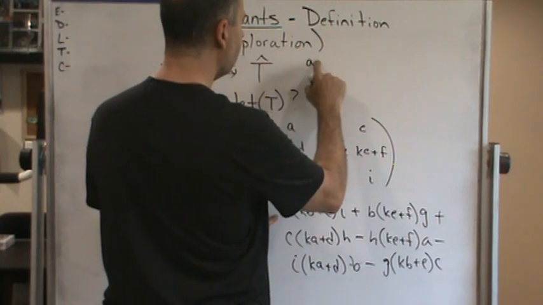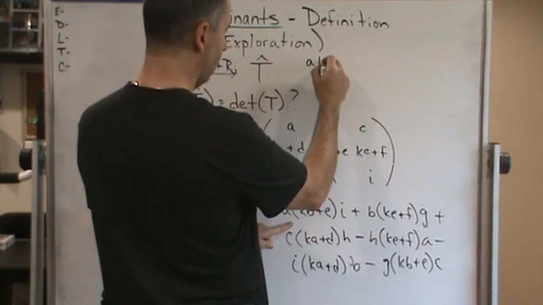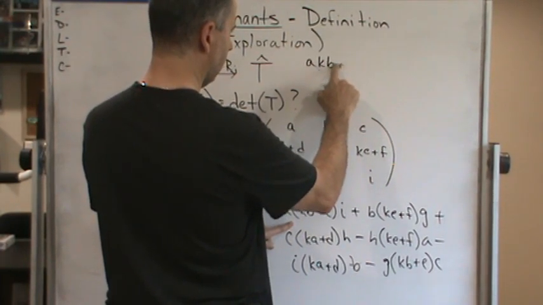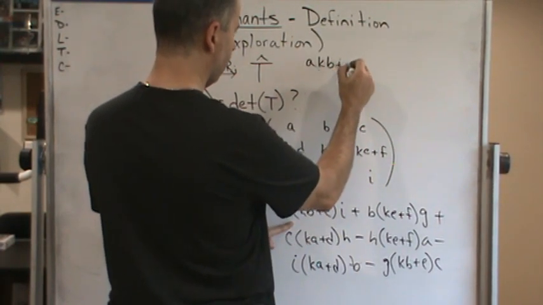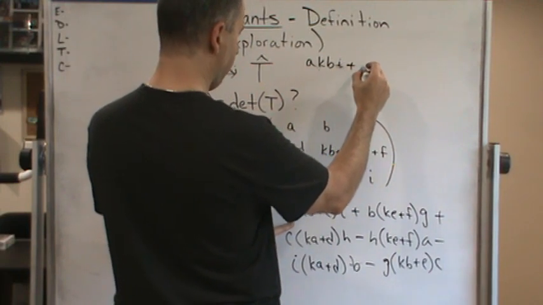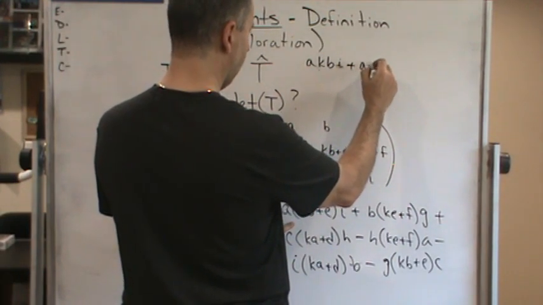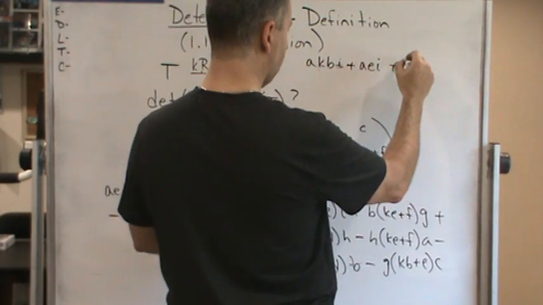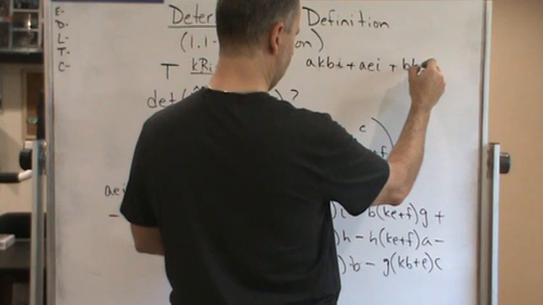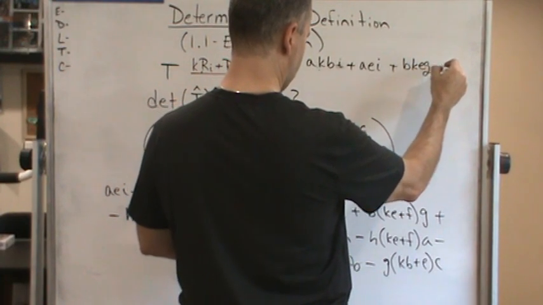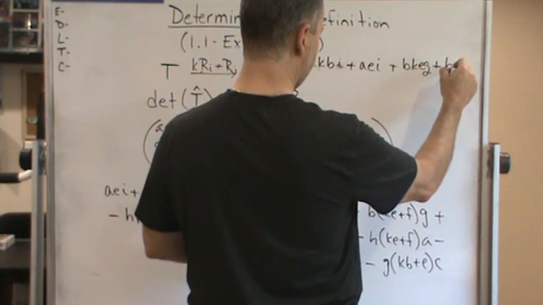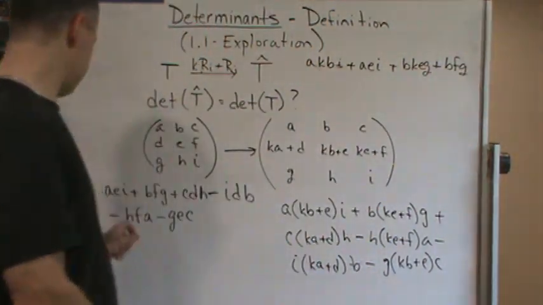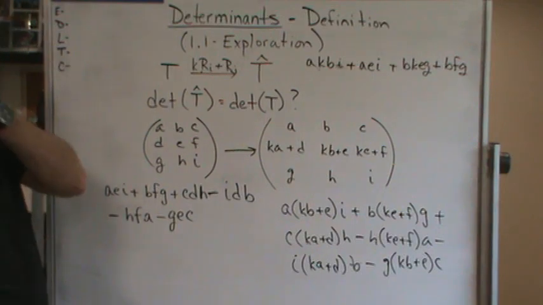So we'll get A, KBI plus AEI plus BKEG plus BFG. Notice these three terms are already matching up with these.